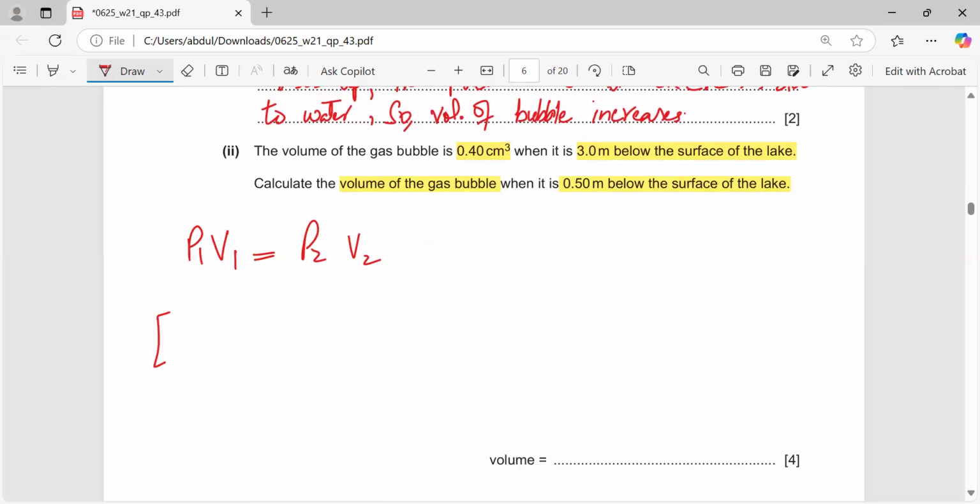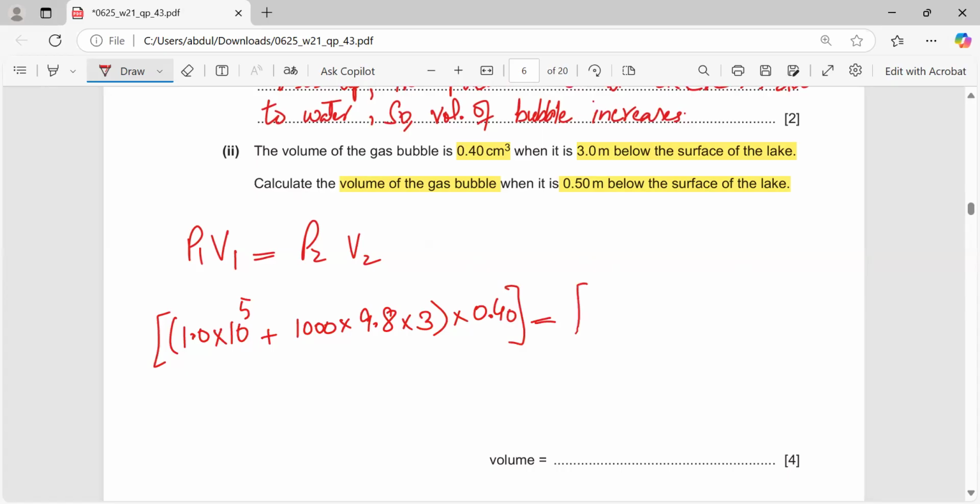P1: 1.0 times 10 to the power 5 plus pressure in liquids, which is rho g h, density times g times depth. So 1000 times 9.8 and the depth in the beginning is 3, times V1 which is 0.40. This is equal to P2 V2.